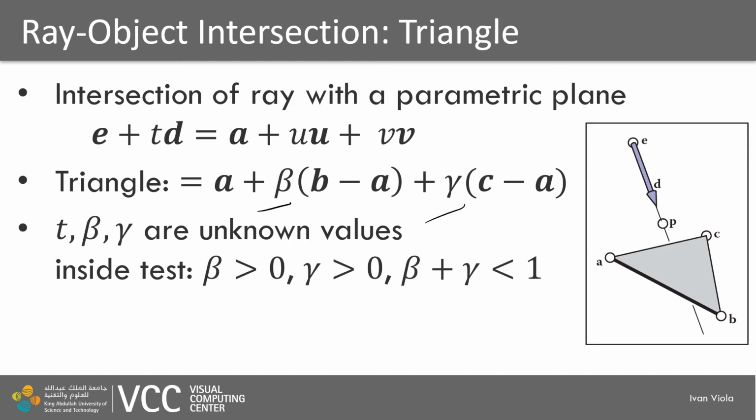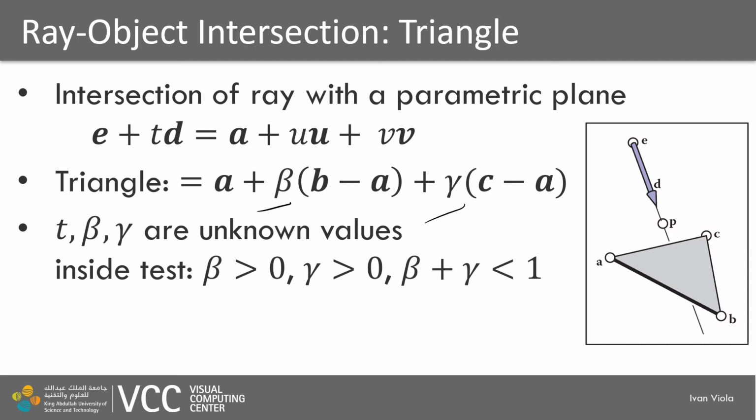If we want to have a particular point belonging to the triangle, we need to make sure that beta and gamma are positive and their sum is smaller than 1. Then this will be the constraint for the area within the triangle.